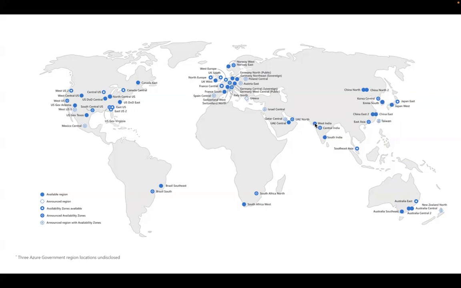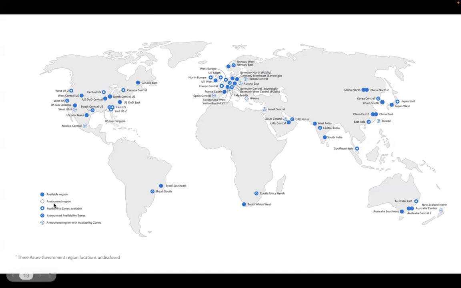And in India, we have West India, Central India, and South India. I think one is near Chennai, one is in Madhya Pradesh, one near Gujarat. So these are some data centers which are in India.